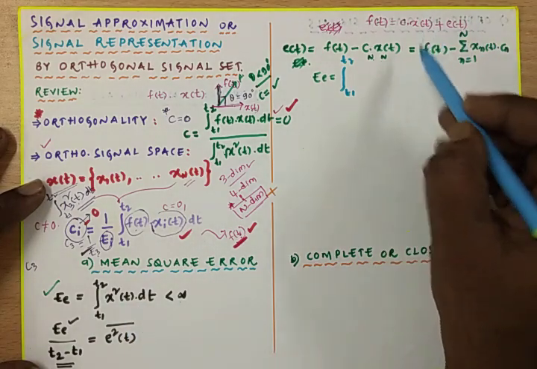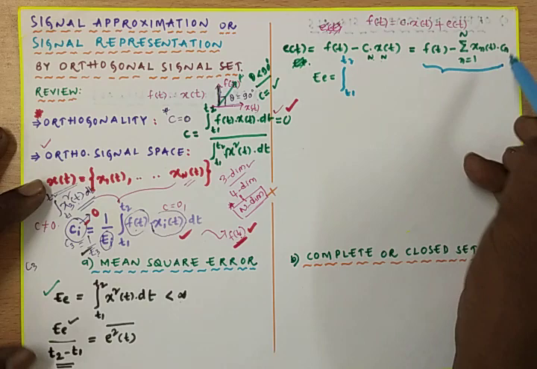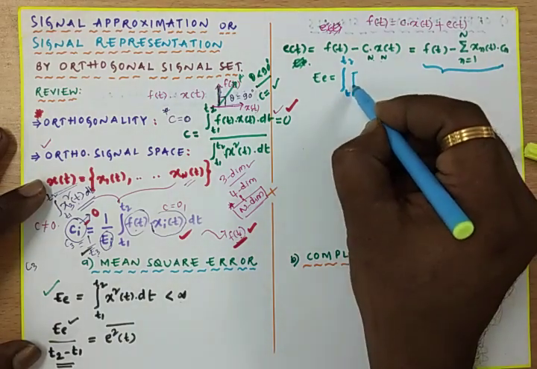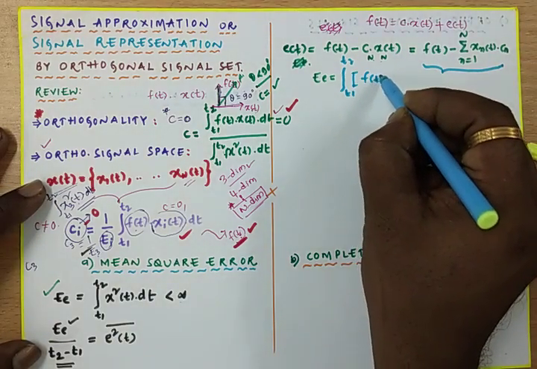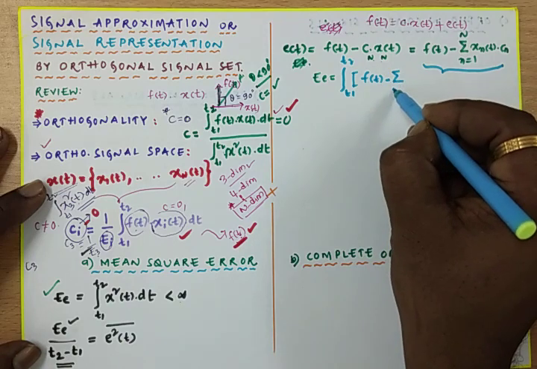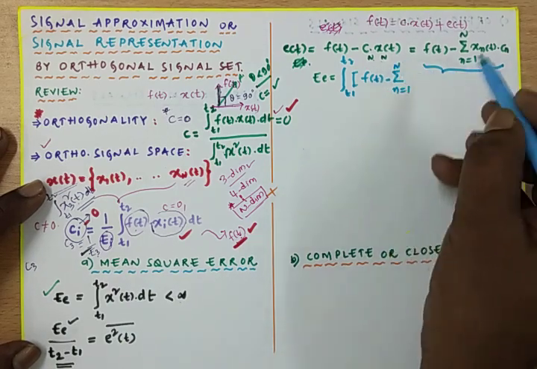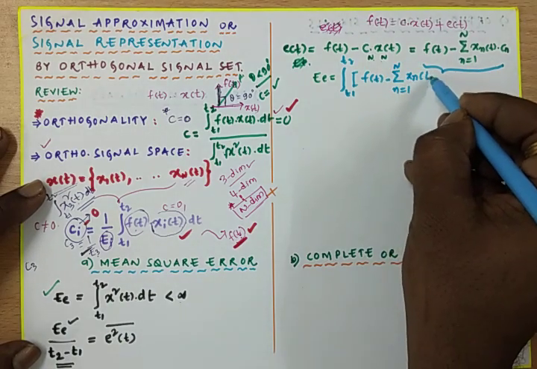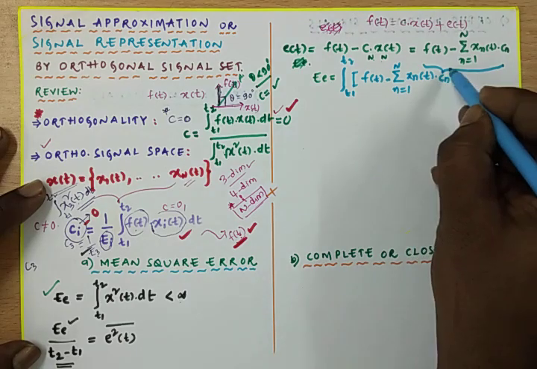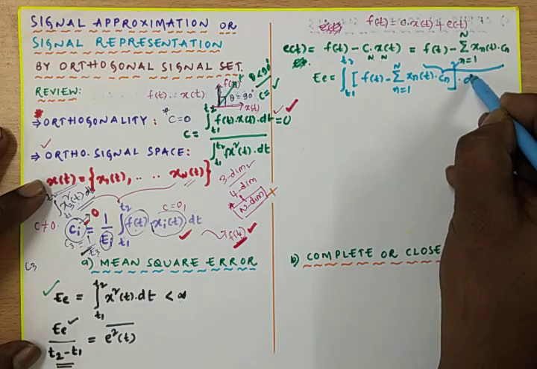Here in place of x square, what we have? This is the complete total part, so I can go with f of t minus sigma n is equals to 1 to n xn of t into Cn whole square dt.